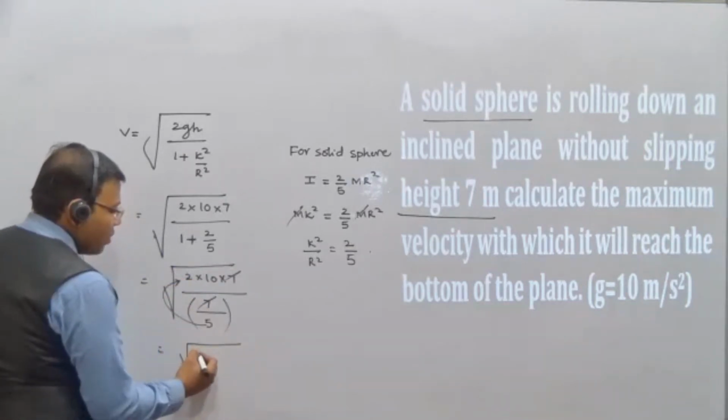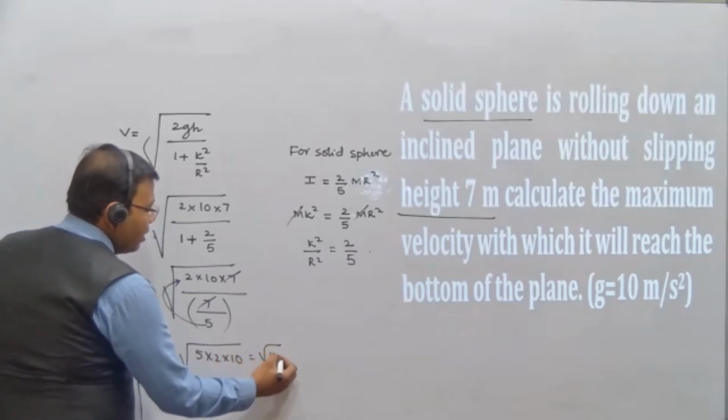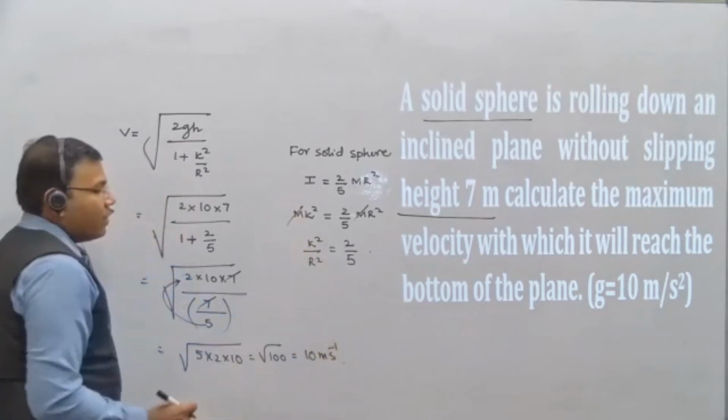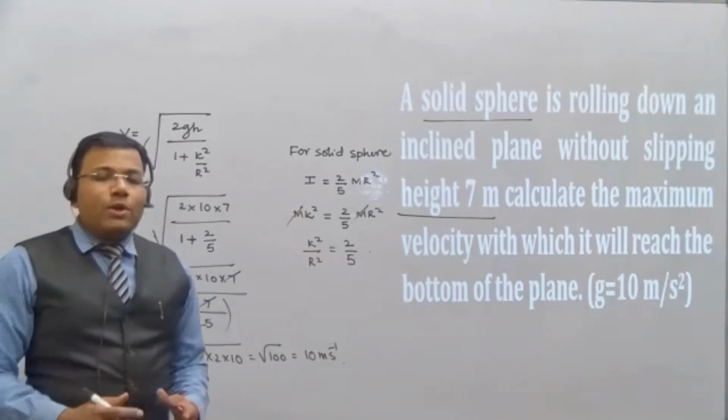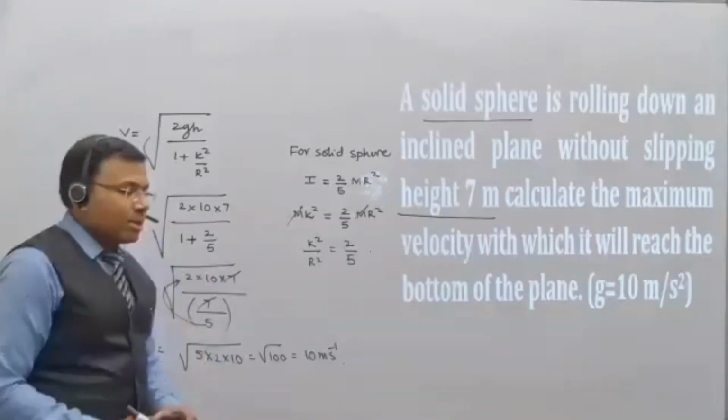So it is 5 into 2 into 10, which gives 100, and the root of 100 is 10 meters per second. So the velocity with which the rolling object reaches the bottom of the inclined plane is 10 meters per second.